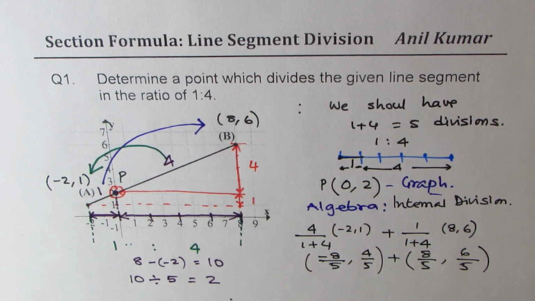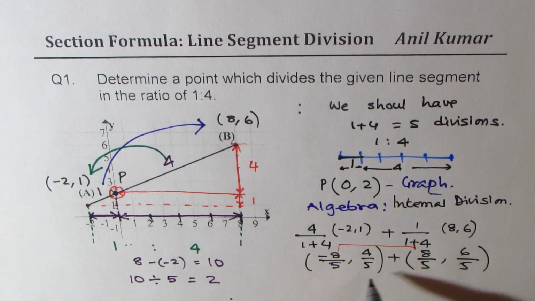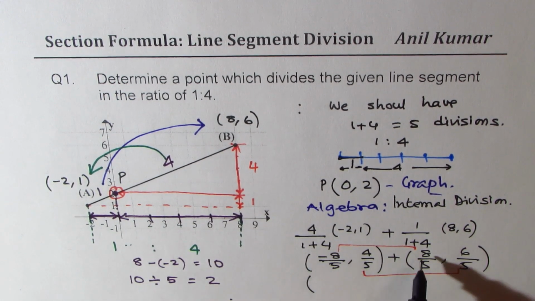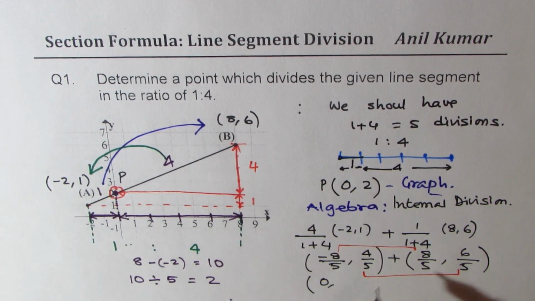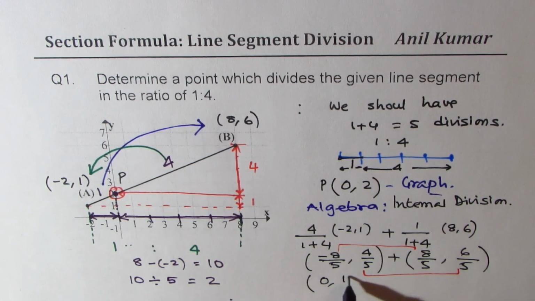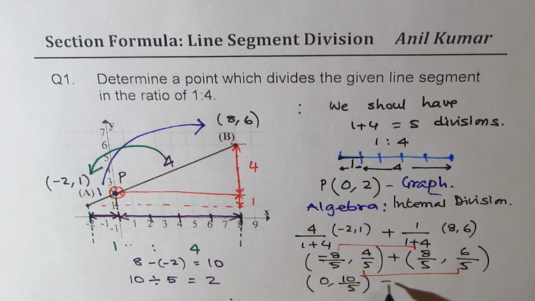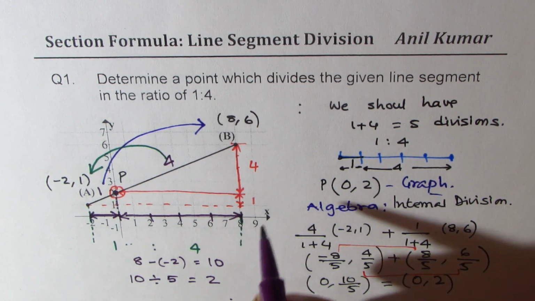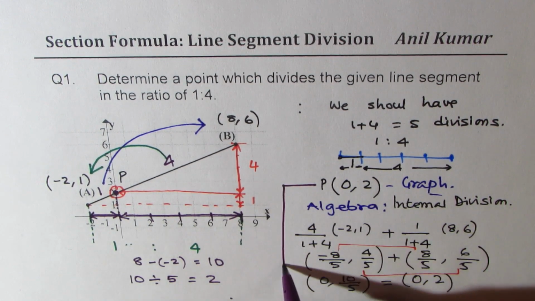Now if you add these x and y values, what do you get? Minus 8 plus 8 is 0, you get 0. 4 plus 6 is 10, you get 10 over 5, which is 2. Perfect. So what you get is exactly what we got graphically.